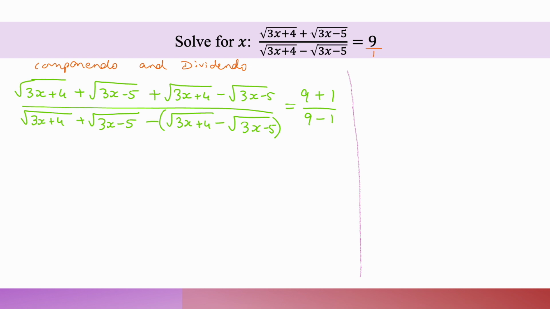Here the point to be remembered is the property componendo and dividendo is applied to a proportion, meaning you have to apply it on both the sides of the given equation.